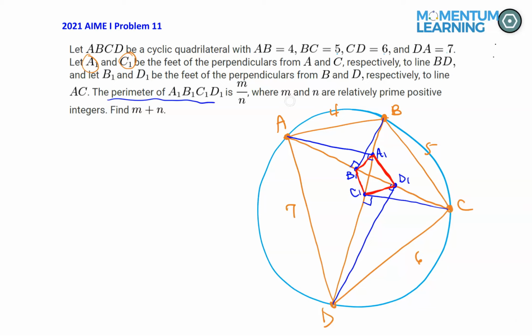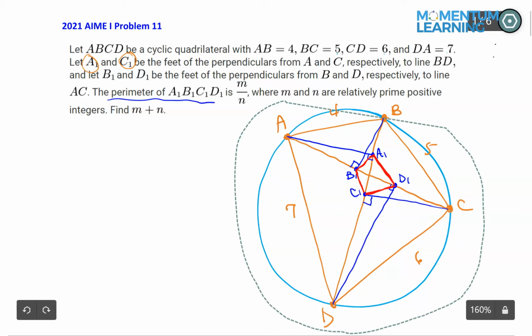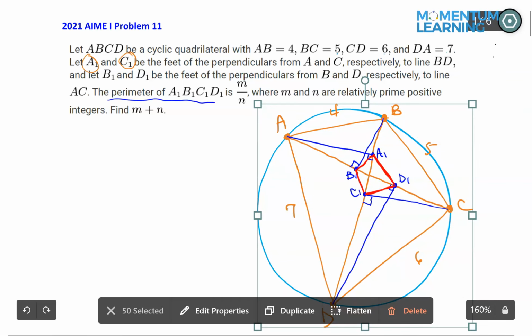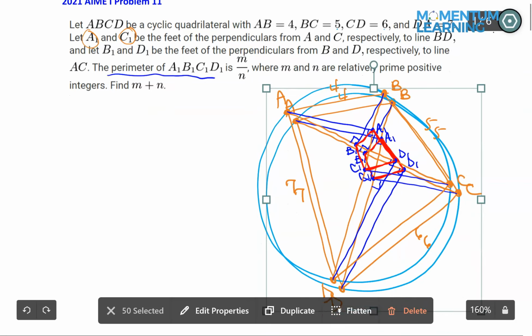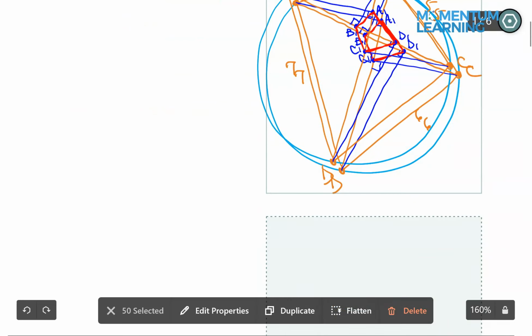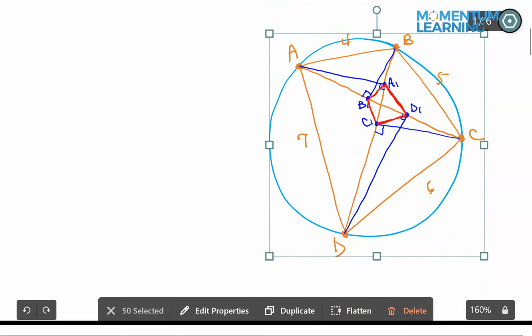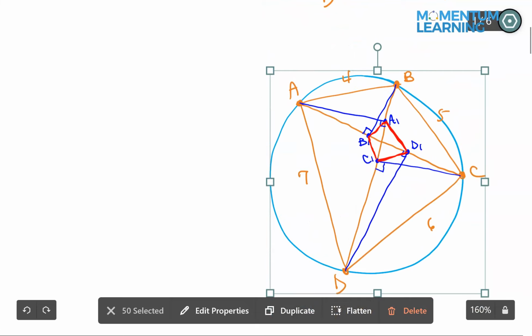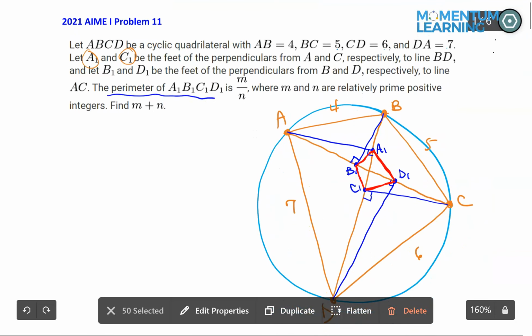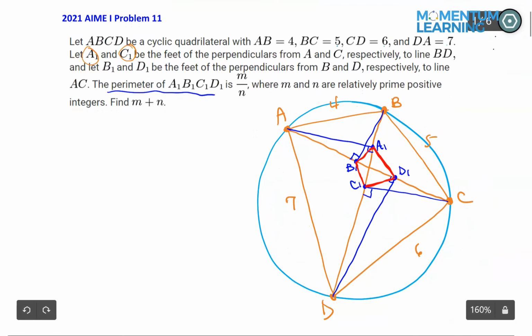I might need the original shape again later on, and I might regret messing up the picture. So I'm going to duplicate it and move a copy just down below, in case I need it. This is the original picture before I mess it up.